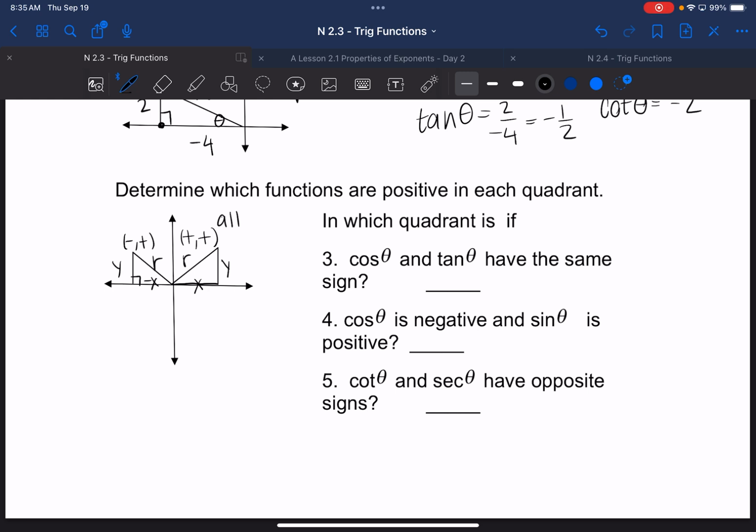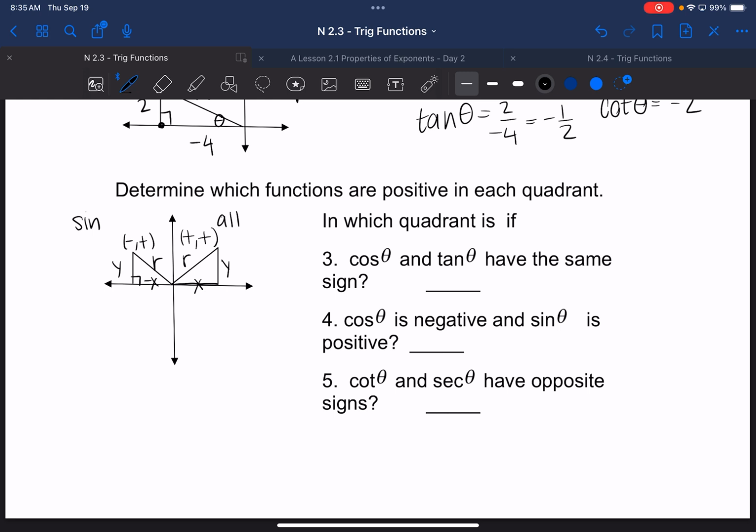That should mean it's only going to affect the ratios that have an x in them, right? Okay, so which ratio would that be? Sine and tangent. Right. Okay. Sorry, not sine. No, cosine. Cosine, right, because cosine is going to be our adjacent, yeah. So cosine is going to be negative here, right? And tangent also has an x in it, right? So the only one that's going to have both positives, y and r here, would be sine. So here, sine is positive only.